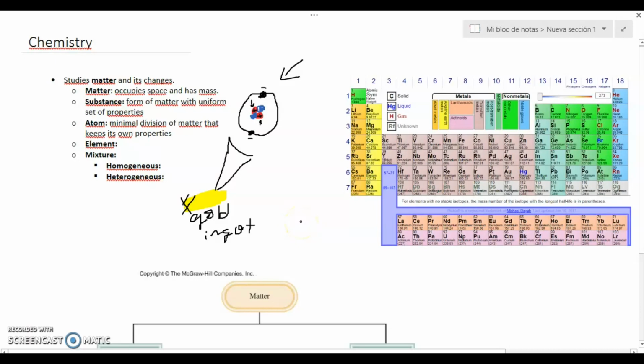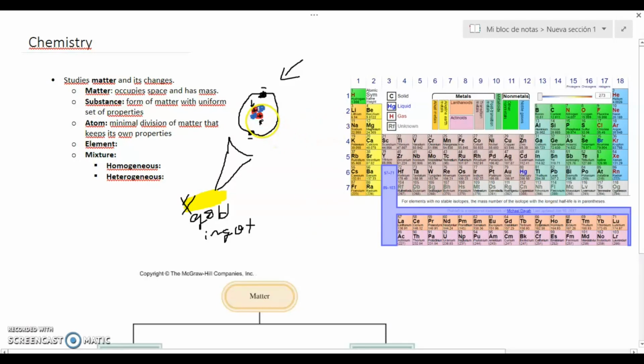It has its own properties. If I keep dividing and dividing that, I'm going to get to an atom of iron. And if I divide that further, it's going to lose all of its properties. It's going to lose the weight that it has. It's going to lose the amount of protons that it has, and so on. So an atom is the minimal division that keeps its own properties.